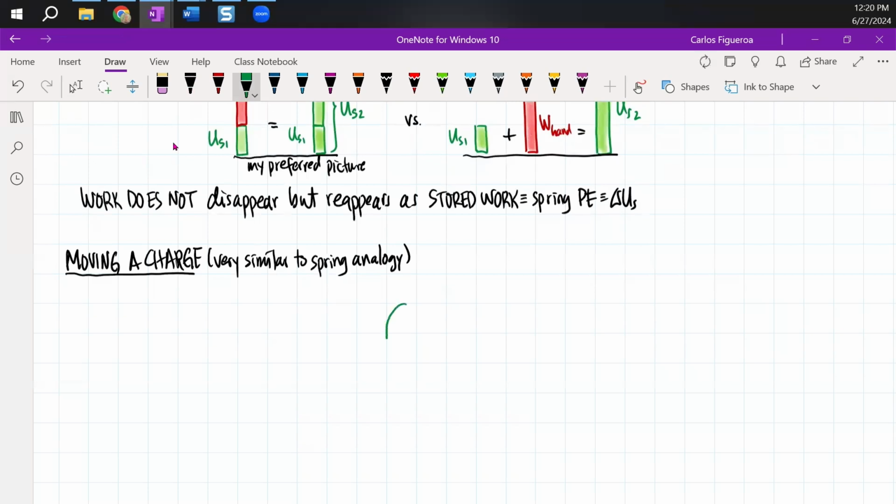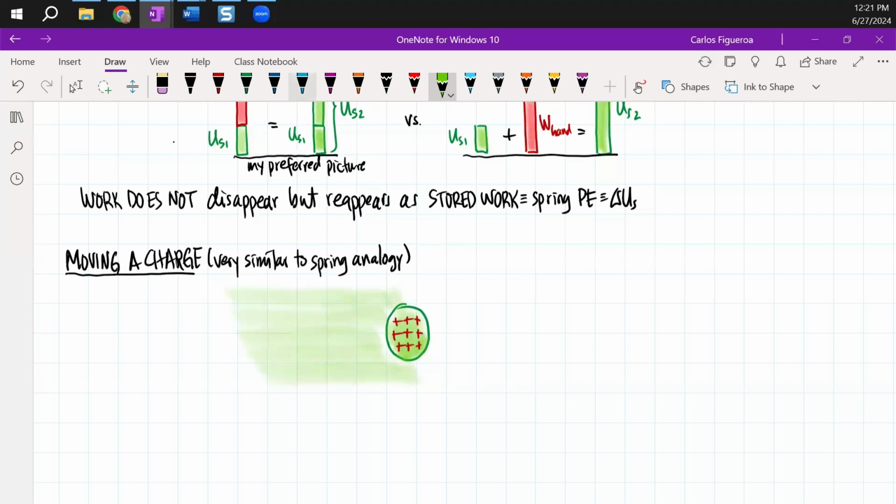So here's my sphere, and this guy is charged. Now, when I say that it's charged, what we really mean here is that there's an electric field out here. So what you're seeing here is that there is a field, an electric field, and we've already talked about what that field looks like.